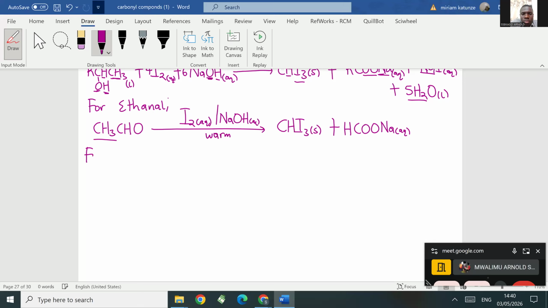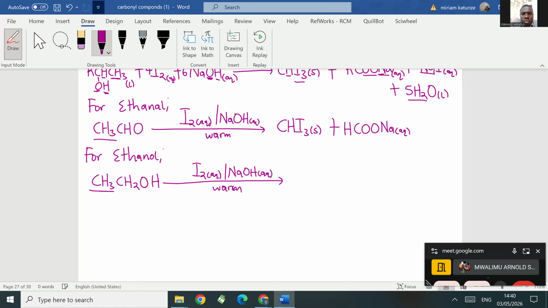Then for ethanol, we can have CH3CH2OH reacting with the iodine, sodium hydroxide, warming.